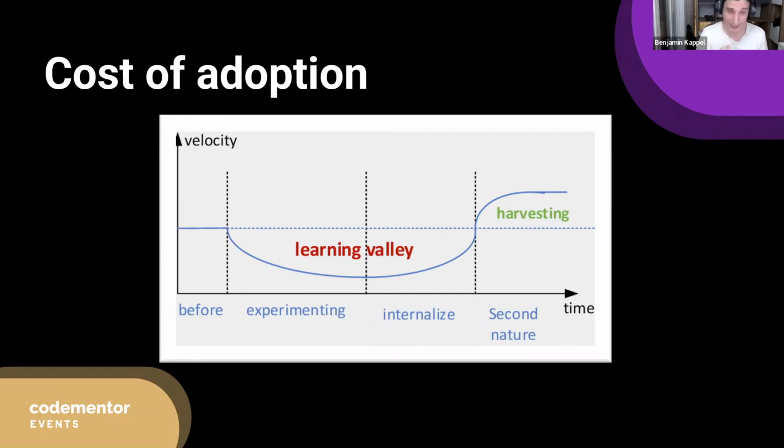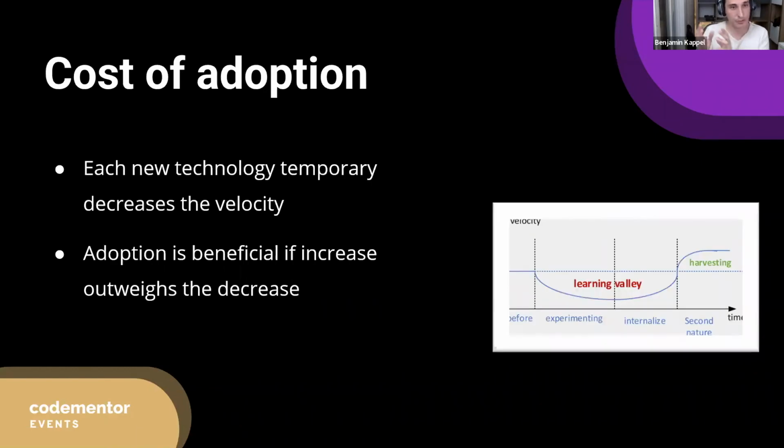After this period, hopefully the velocity is higher than before. So we're investing time and money in the learning valley and hoping for harvesting a lot. With this in mind, we can say each adoption is beneficial if the increase, the harvesting, outweighs the decrease.